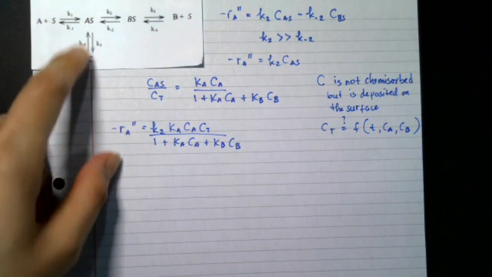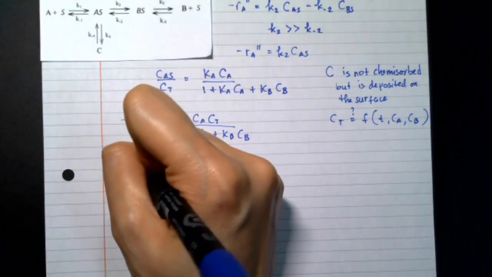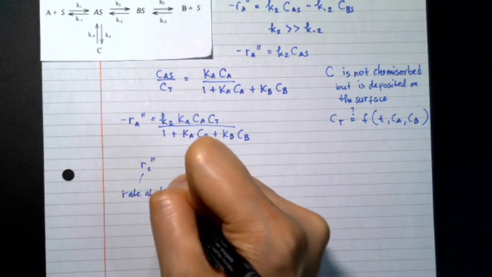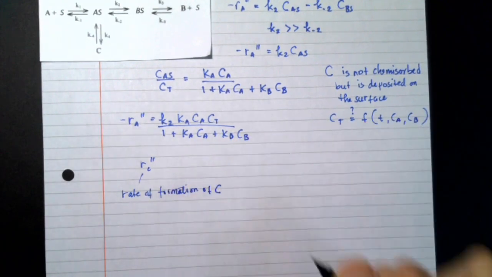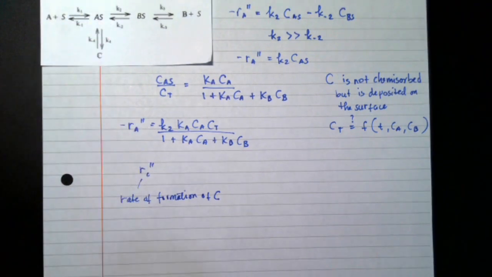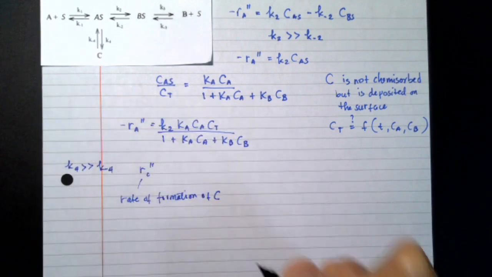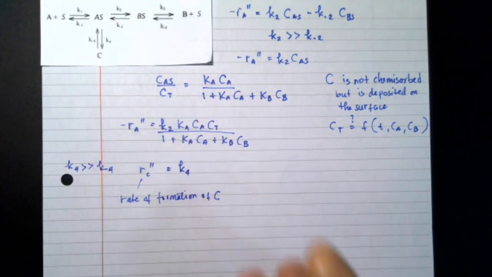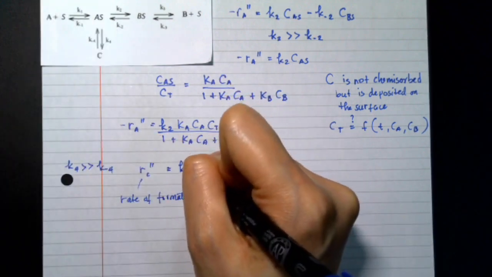So this is the step for the formation of C. So we can write RC double prime. This is the rate of formation of the coke C. And earlier, we assumed that this step is irreversible. We said that K4 is significantly higher than K negative 4. So we can write this as K4, the rate constant of the forward step, times the concentration of AS.